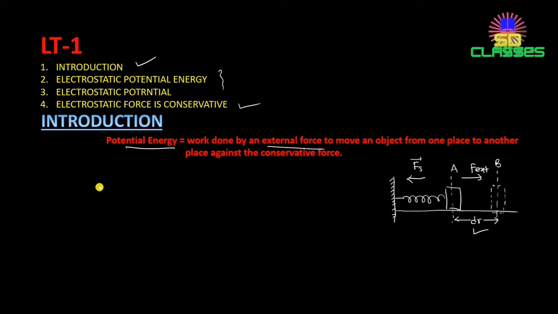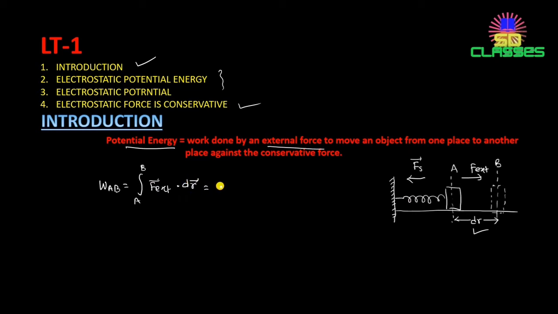So the work done can be written as: work done to move the object from A to B is the integration from A to B of F external dot dr, that means force into displacement.